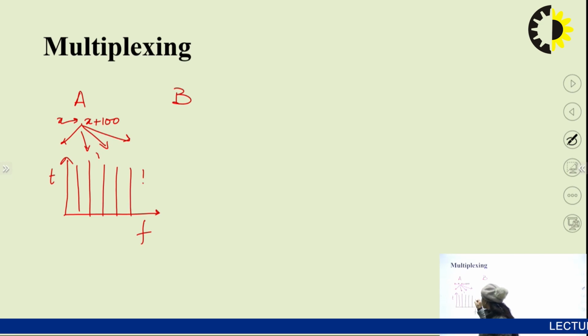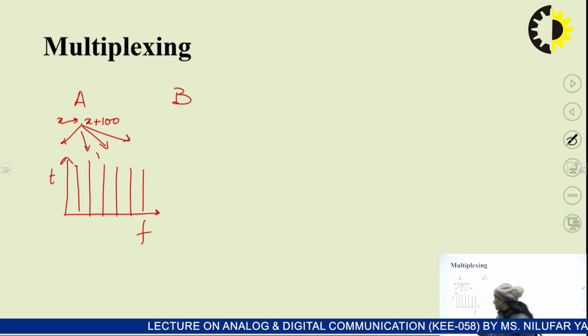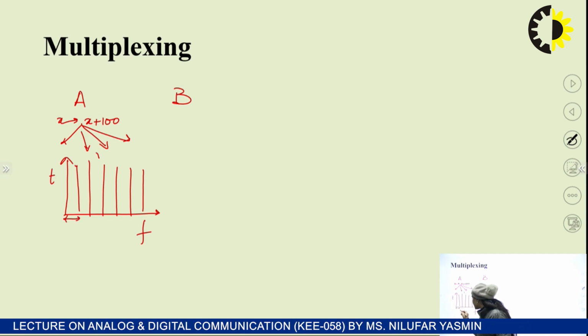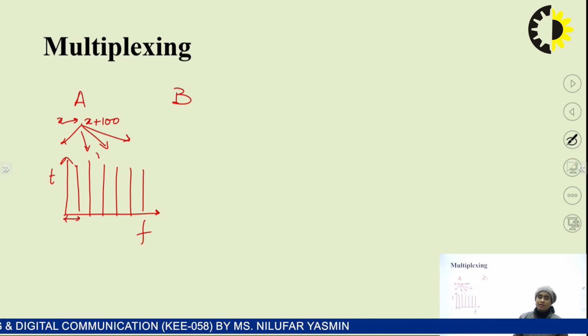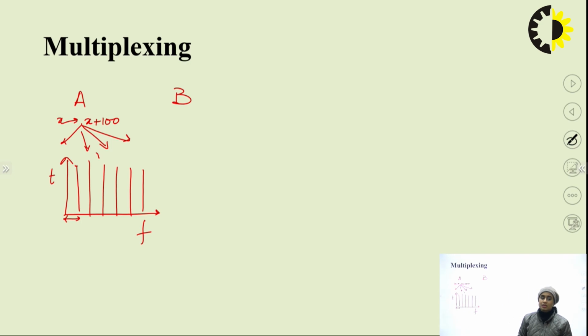A pair of users will be provided with a fixed channel, right? And that would be of a particular frequency, and no other user can communicate in that frequency, right? So this is frequency division multiplexing, where a pair of users are allocated a specific channel. The advantage of such a system is that no other user can communicate using this allocated frequency band.